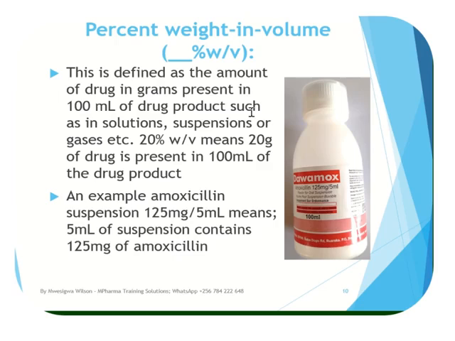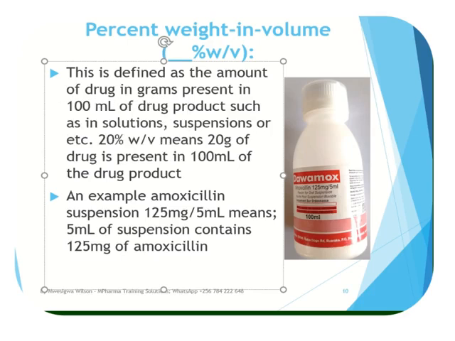This one is common in dosage forms like solutions, suspensions, and even some gases. For example, if I have 20% weight per volume, this means that I have 20 grams of the drug present in 100 mils of a drug product.